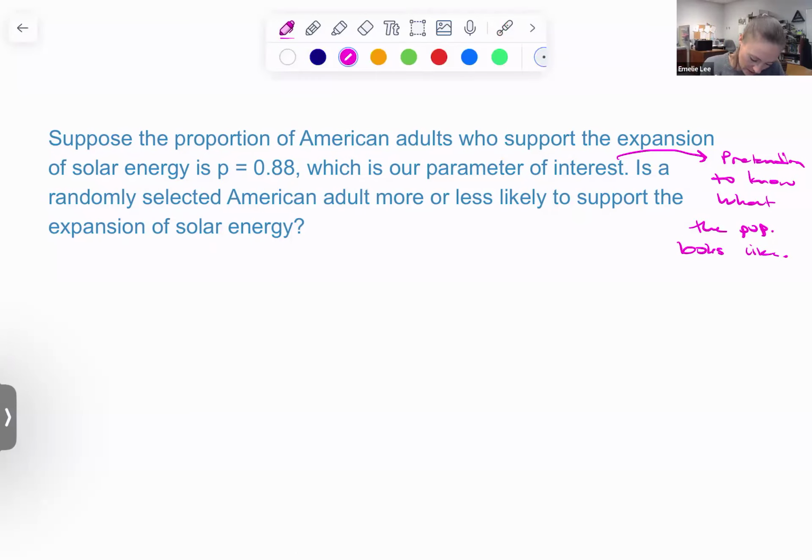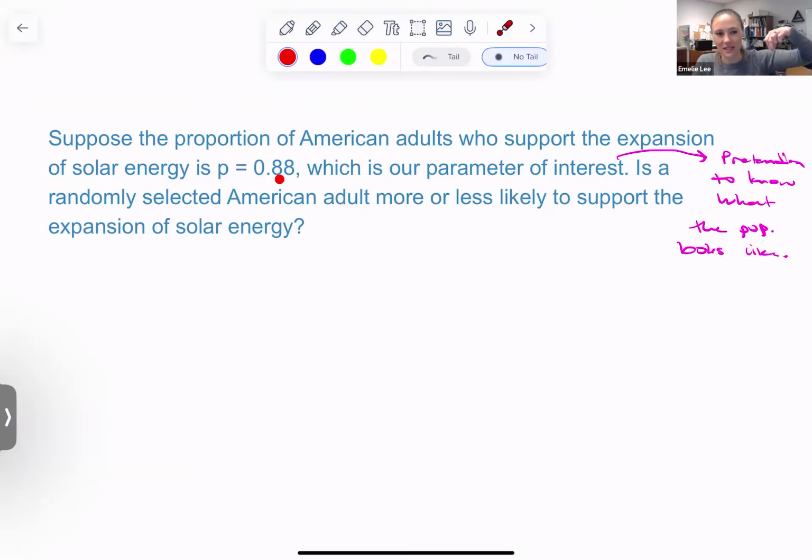So I was talking about the sample, but here they're talking about a randomly selected, sorry about that. Is a randomly selected American adult more or less likely to support it? Well, if we're expecting 0.88 of the population to support the expansion of solar energy, then I'm expecting that a randomly selected American adult has an 88% chance of supporting solar energy.